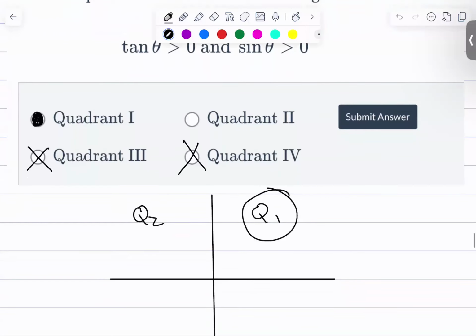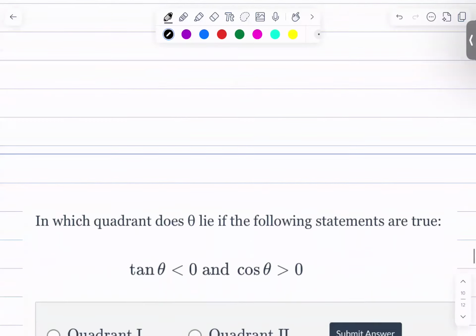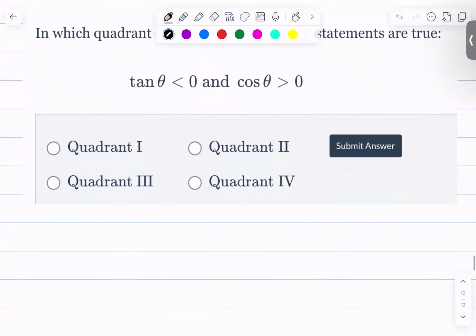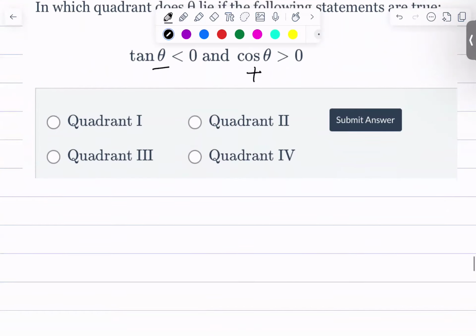All right. Moving on to my next example. How about this one? Tangent is negative and cosine is positive. Take one. Where is tangent negative?